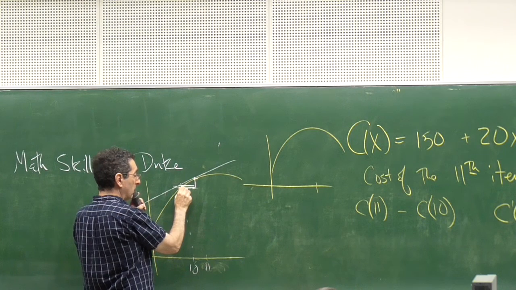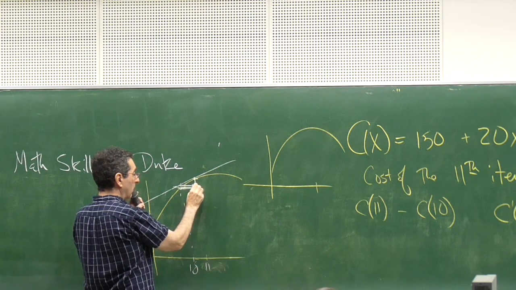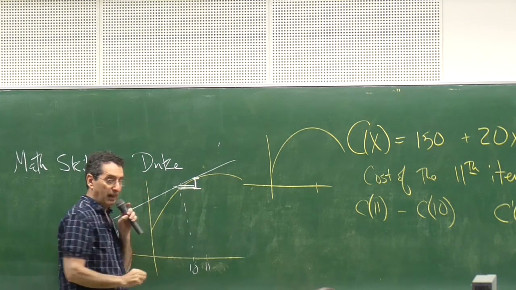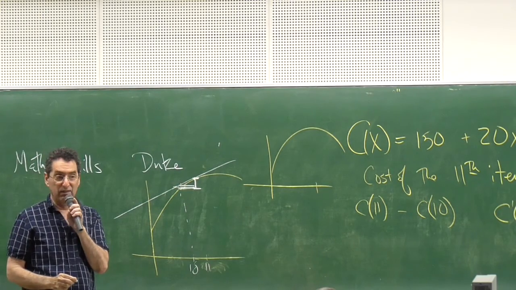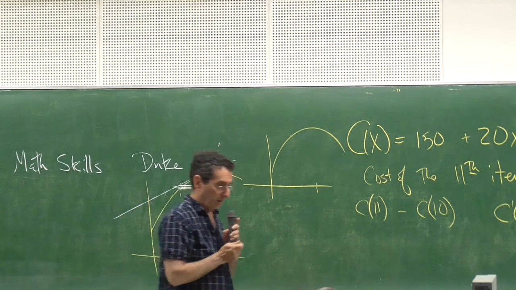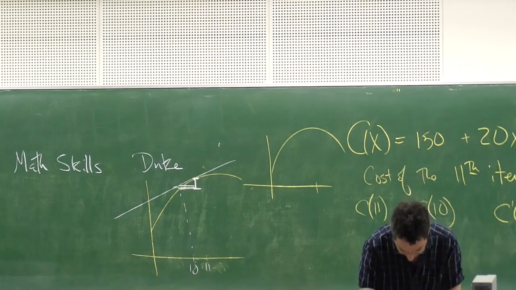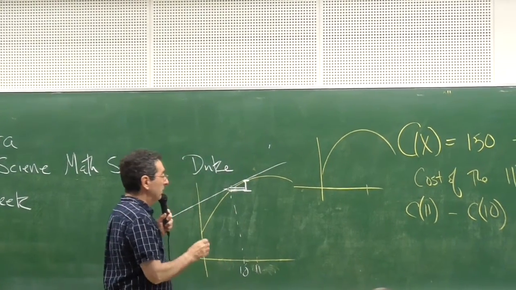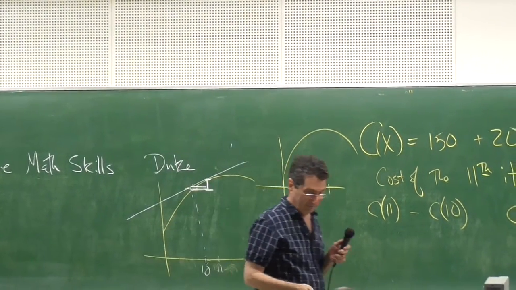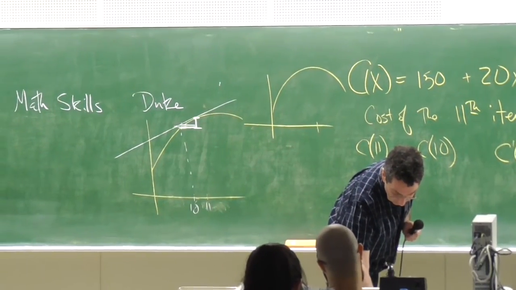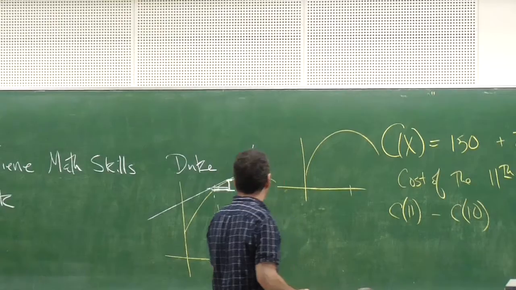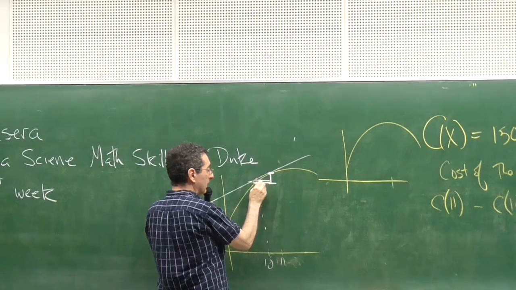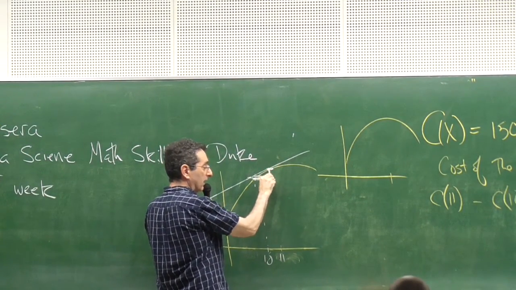If I go 1 unit from here, and then I go up, this length is actually the real marginal cost. Okay, so the real marginal cost is, if I go from here, it's this height minus this height, so that's this length.